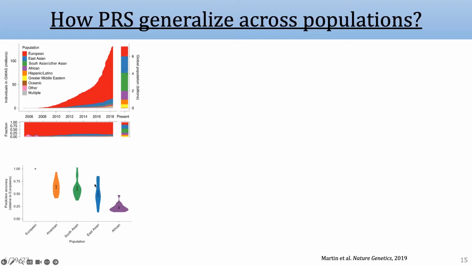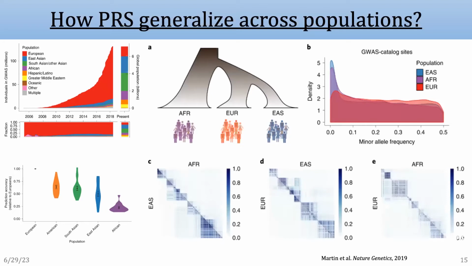This limited generalizability is largely due to the fact that current genomic studies are predominantly of European populations. It is also due to many factors, such as the demographic history and between-ancestry differences in minor allele frequency and LD patterns.